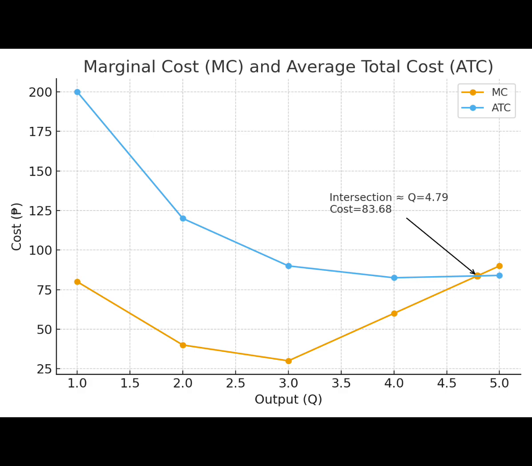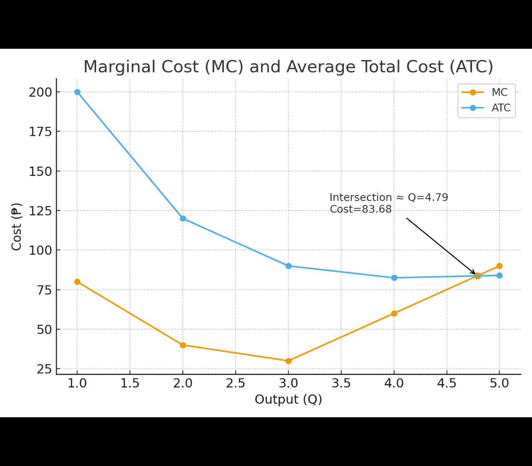The point where MC intersects ATC is the minimum point of the ATC curve. When MC is less than ATC, producing one more unit lowers the ATC, so adding output increases efficiency.